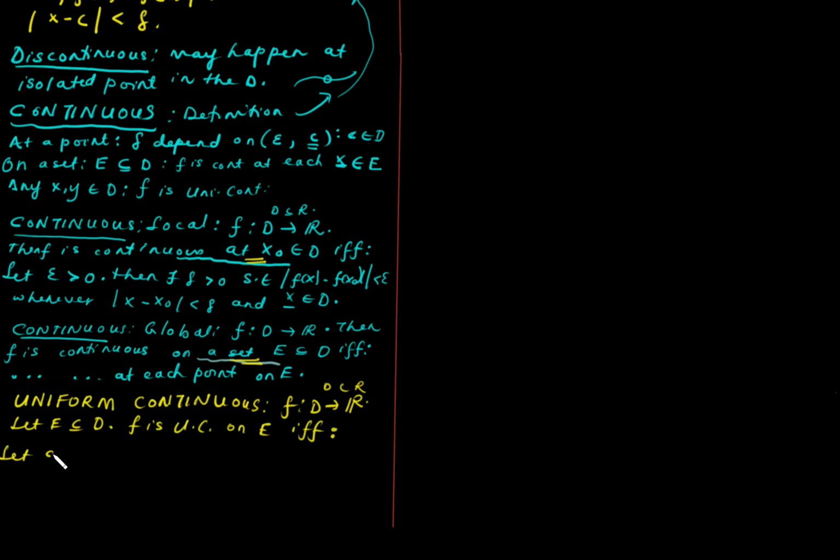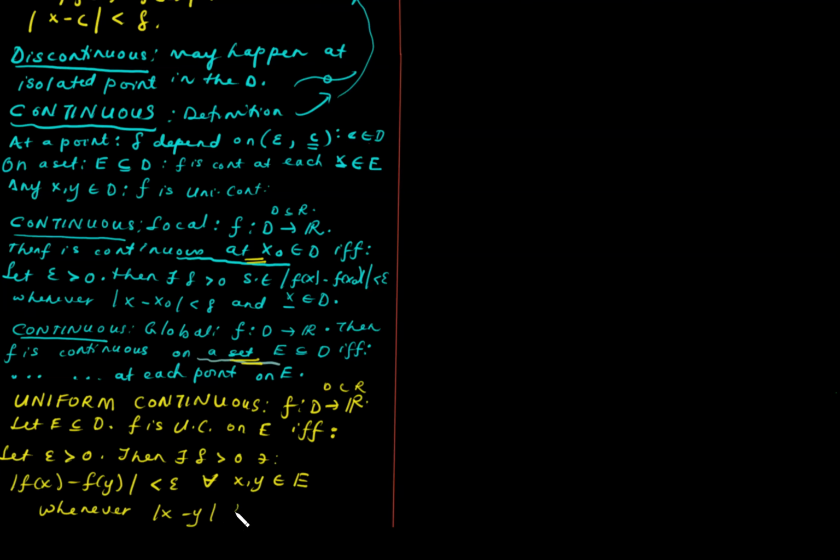Let epsilon be greater than 0. Then there exists delta greater than 0 such that the absolute value of f of x minus f of y is less than epsilon whenever, for all x, y in E, whenever, look at this, what's happening here? Whenever the absolute value of x minus y is less than delta.